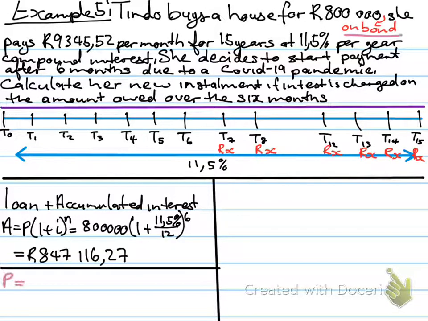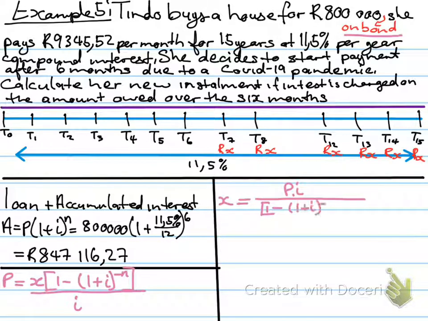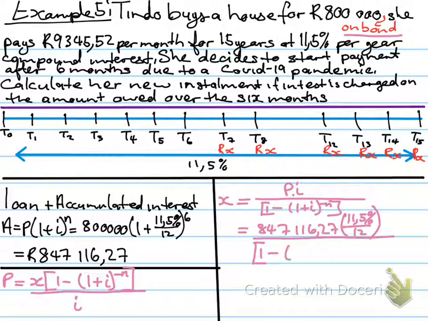So because it's a bond, we're going to use the present value formula, right? And then we substitute the values in there. So we've made x the subject of the formula so that we know we're going to be calculating the annuity or the payment. Right, so there we go.